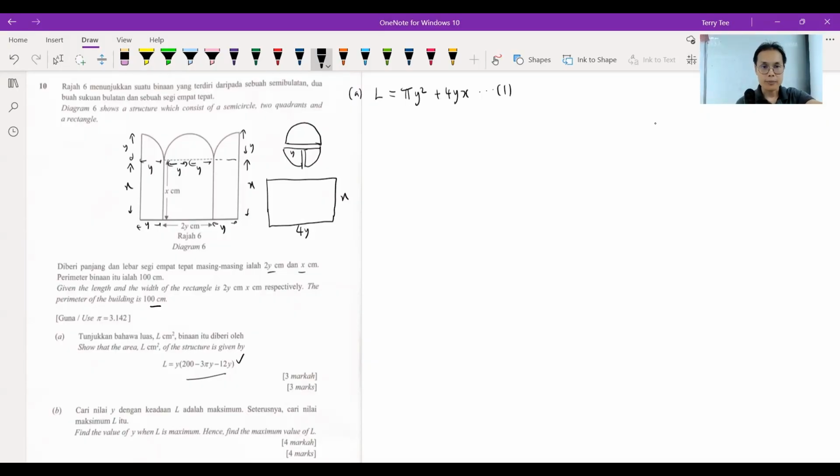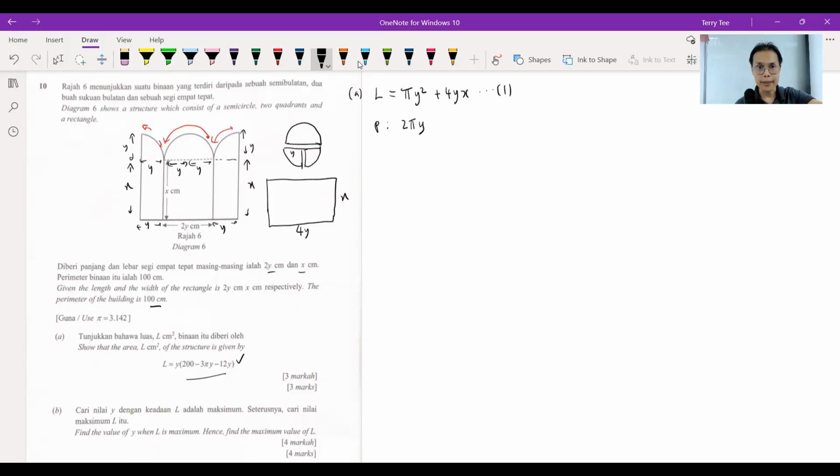So this is where you use the perimeter. Perimeter is 100. Now, for the perimeter of the circle here, you cannot count from here because you need to count this one and this one. That means you have to count one circumference. So your perimeter is lilitan, panjang lilitan, 2 pi r, your r is y.